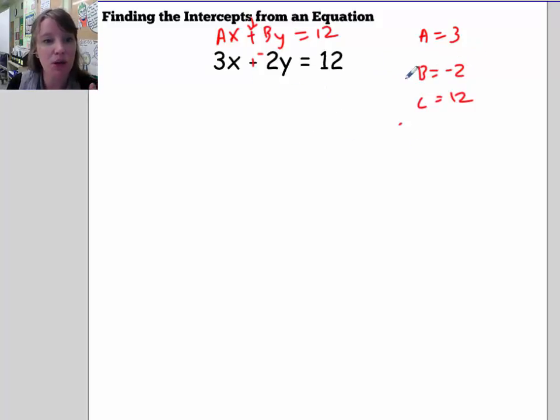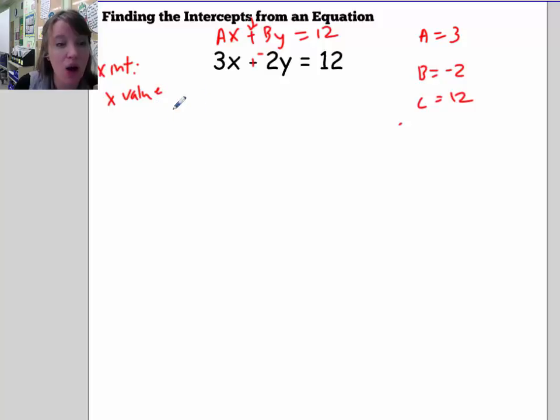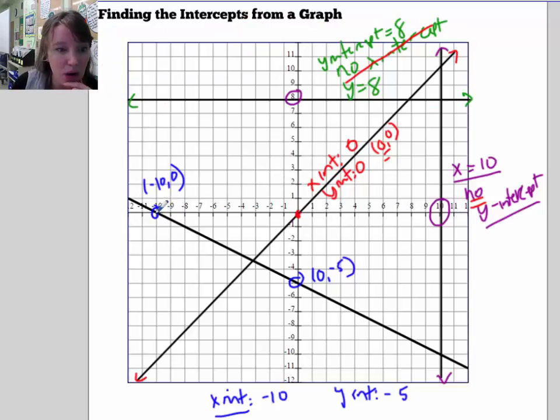Finding the intercepts from an equation in standard form is fairly easy, actually, because now remember, the x-intercept is the x value when the line crosses the x-axis. Okay, so what you know when the line crosses the x-axis, like we saw before, is that the y is always 0.